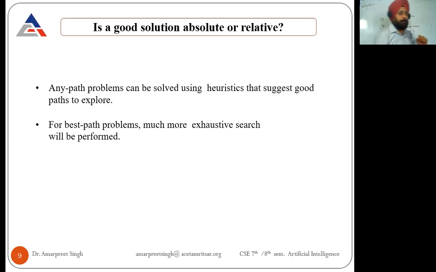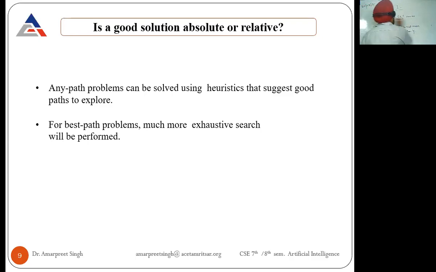Any path problems can be solved using the heuristics that suggest good paths to explore. For best path problems, much more exhaustive search will be performed. So this is the definition that the book or any author is giving. But just see, this is a simple case of understanding this characteristic, whether a good solution is relative or absolute.